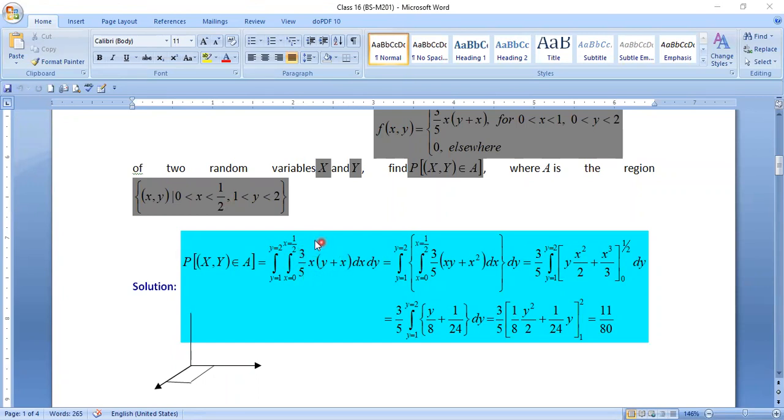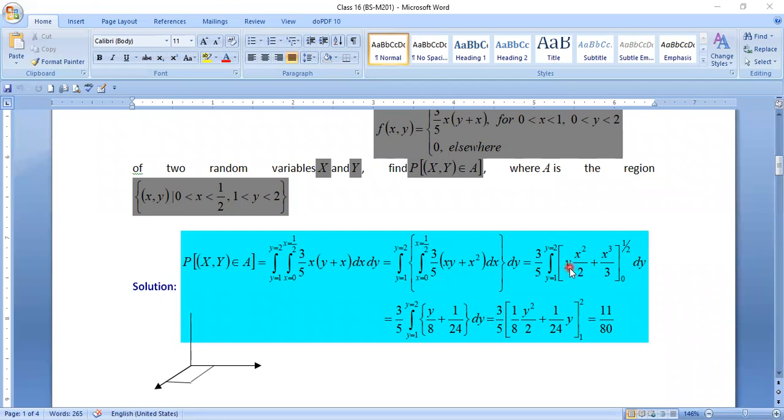Inside this portion is the integrand. Now, as I told you, I'm going to integrate this portion with respect to x first of all. While integrating that thing, you have to be careful that the variable y needs to be considered as constant.